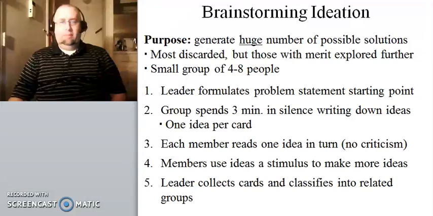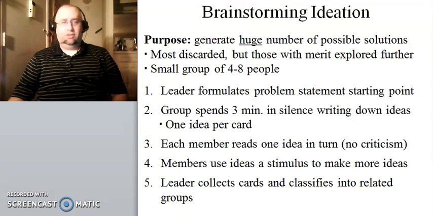Most of those ideas eventually will be discarded, but the ones with merit will be explored further and likely will eventually lead to the design solution that you ultimately prototype and then communicate to whoever it is who's doing the mass production of your solution.